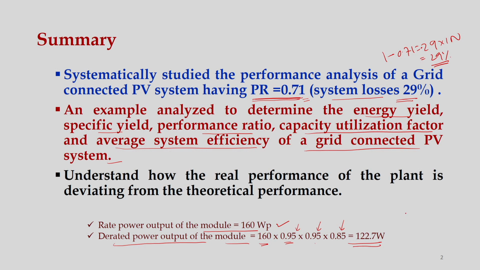You see the difference. We started with 160 watt peak and what we got is 122.7 watt. So, that is how we are getting a very reduced amount of power generation. These parameters are very, very essential while designing a grid connected PV system.